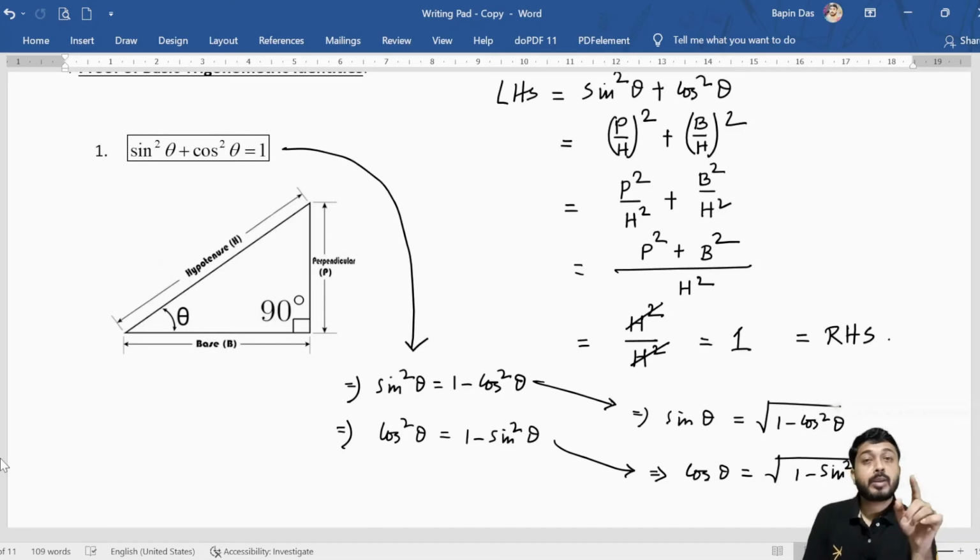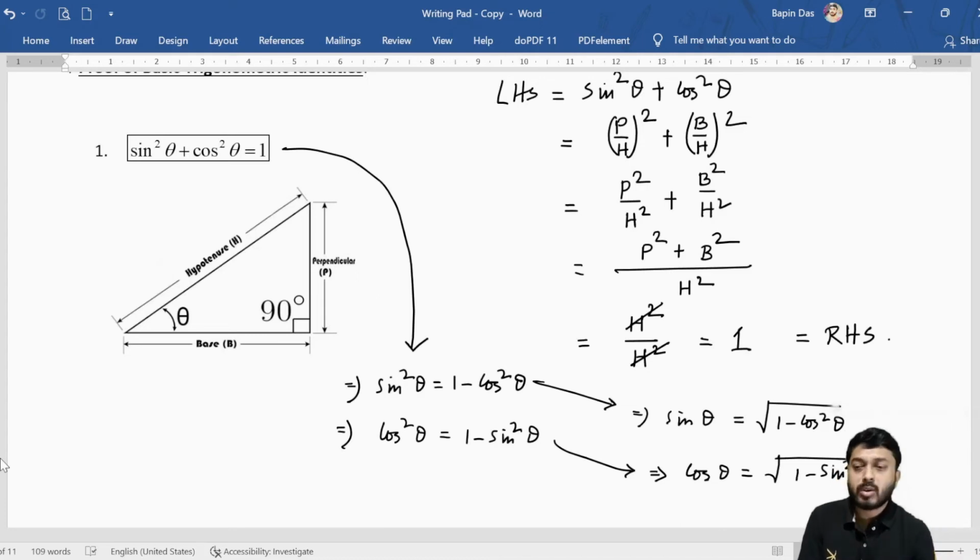Sin theta equal to p by h, perpendicular by hypotenuse, cos theta equal to b by h, that is base by hypotenuse, and tan theta equal to p by b, that is perpendicular by base, right? Keep it in mind. And the reciprocals are cosec theta, sec theta, and the reciprocal of tan theta is cot theta. Sin, cos, tan, the reciprocals are cosec, sec, and cot. All right, keep it in mind.